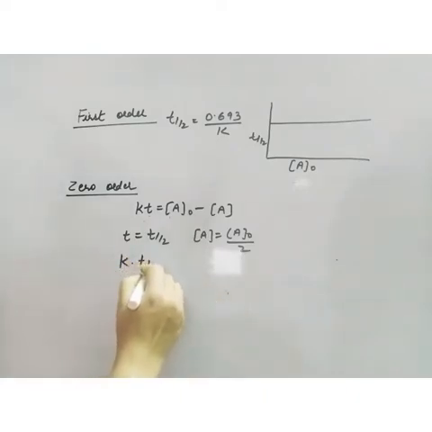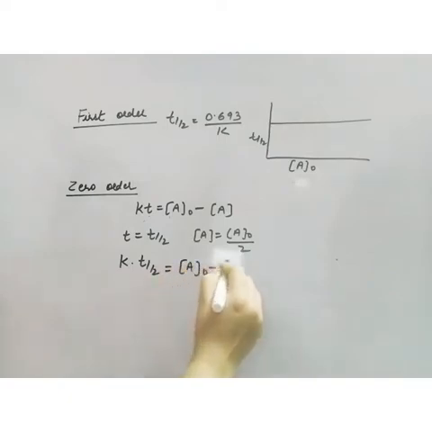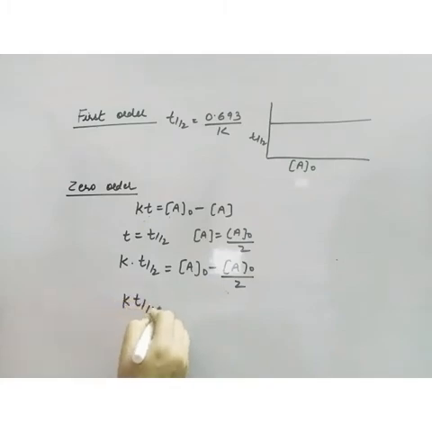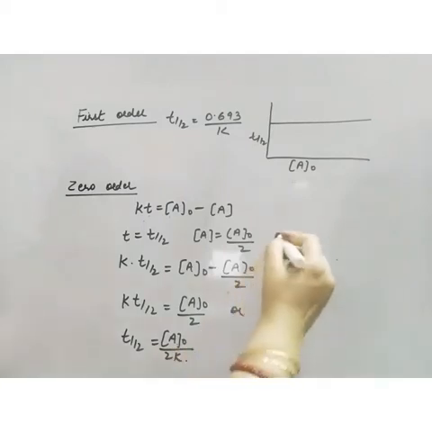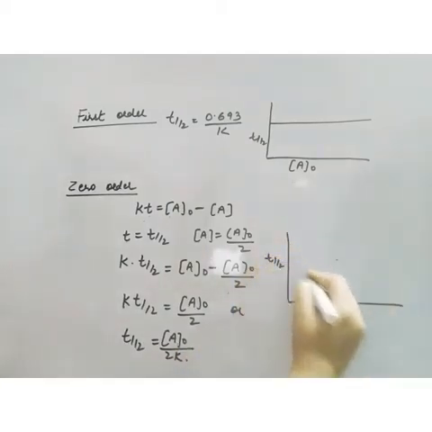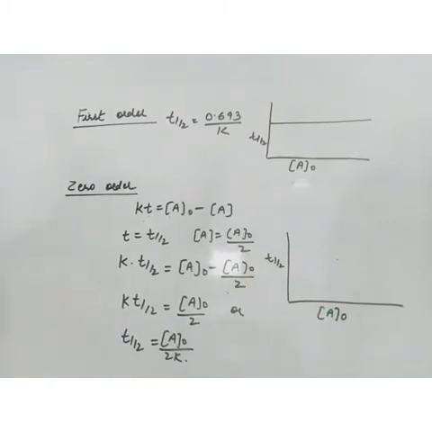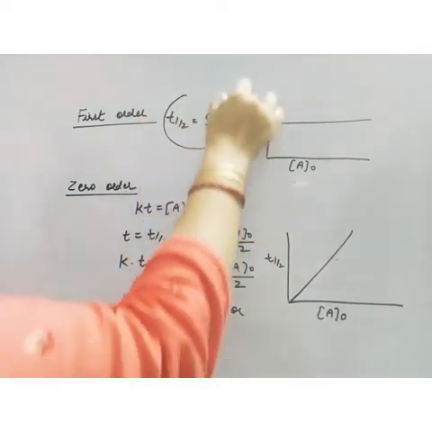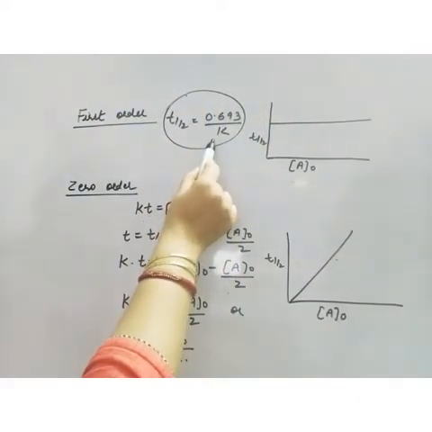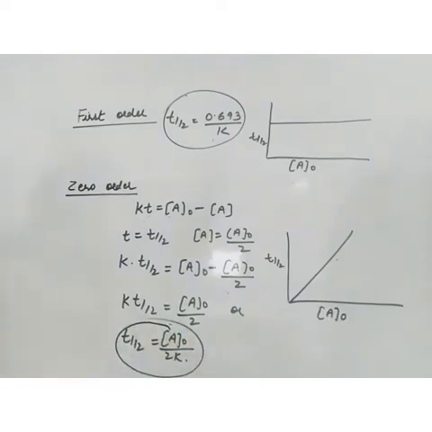So K into T half is equal to A naught minus A naught by 2, or T half is equal to A naught upon 2K. It means that your T half is dependent upon the initial concentration. And if we plot a graph between T half and A naught, it is directly related. So for zero order the expression is this, and for first order the expression is this.